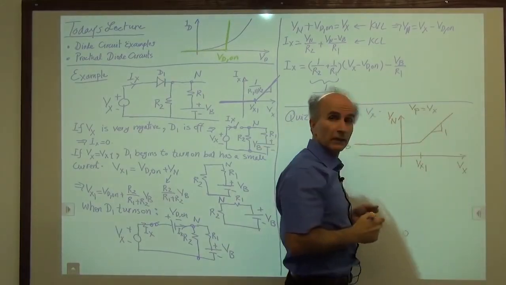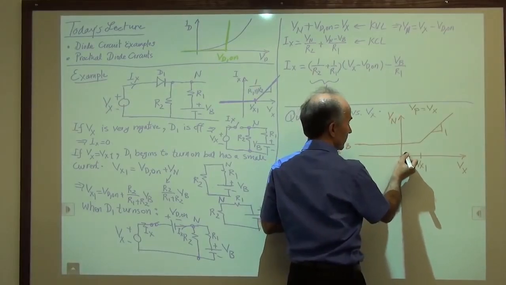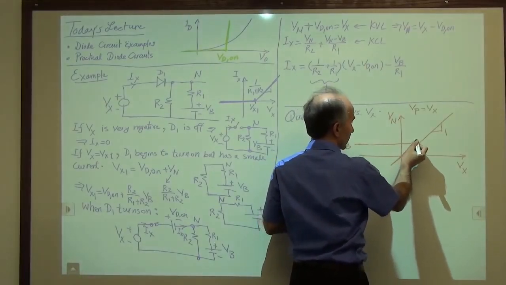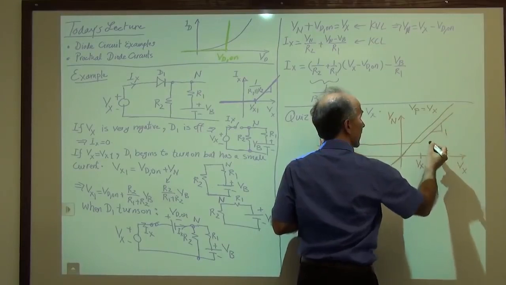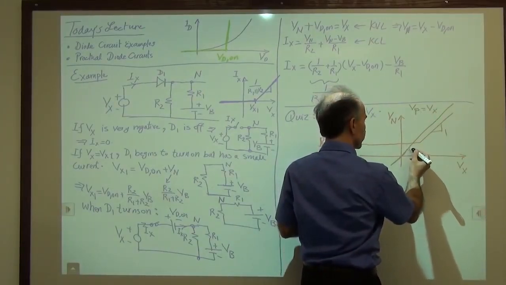What does that look like? Well, that would be like this. It starts from here. Of course, it goes through 0. And then it goes like this. And this is Vp equals Vx. And that also has a slope of 1.